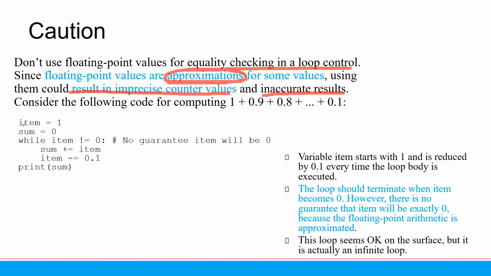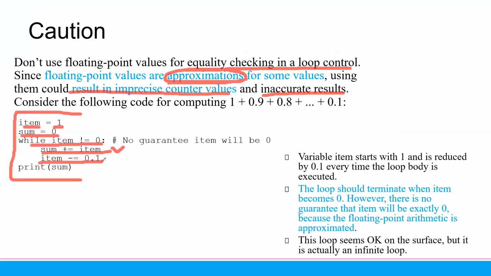So for example, like this one: item equals 1 and sum equals 0, while item is not equal to 0. Item is 1, and item is not 0, so okay, no problem. So we have sum plus equal item. This is okay.